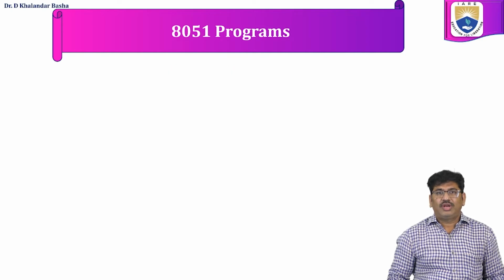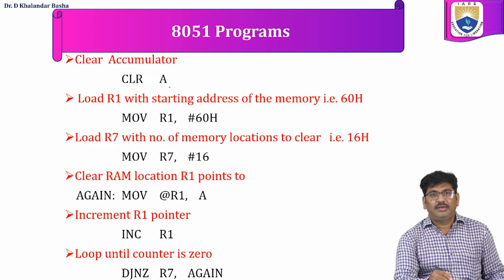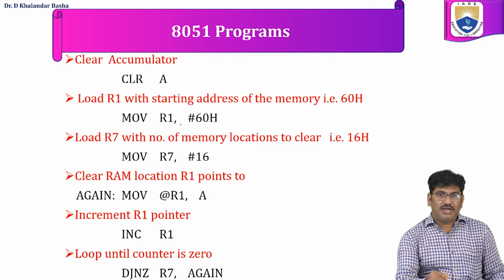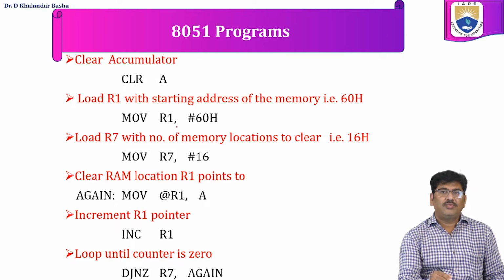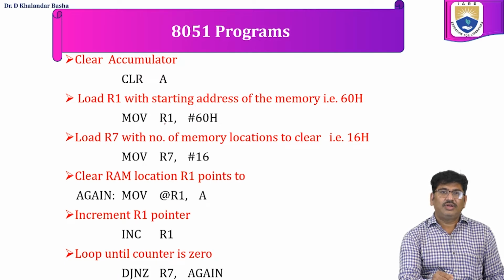We'll start the program. First, clear accumulator. This is the data which we want to move into the memory locations. The first address we are referring to is loaded into the R1 register with the instruction MOV R1, #60H. So the starting address is loaded into R1.